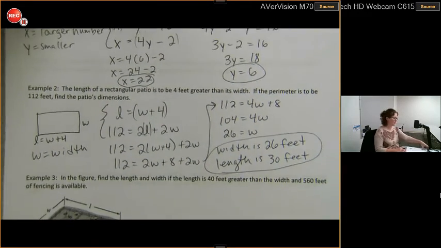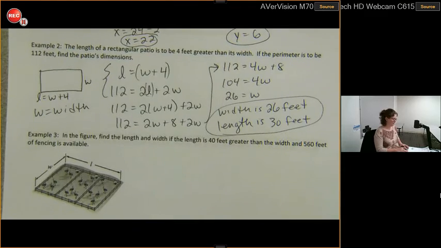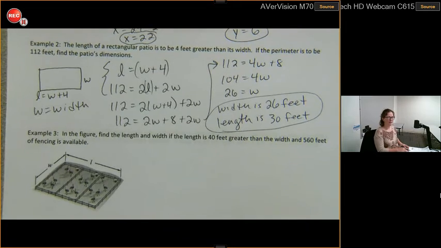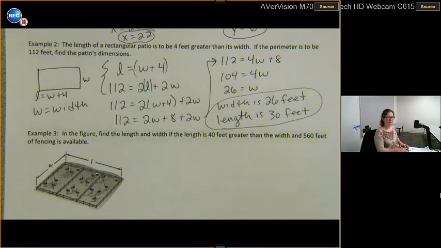Our next geometry problem, we are given a picture. It's a diagram of an animal pen where we have the extra fences separating the sections. It says find the length and width if the length is 40 feet greater than the width and 560 feet of fencing is available.